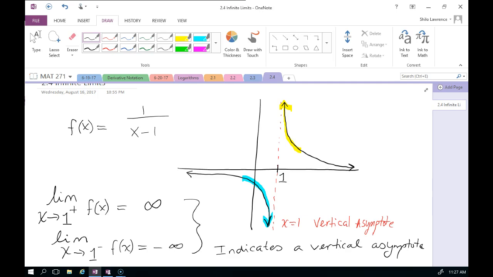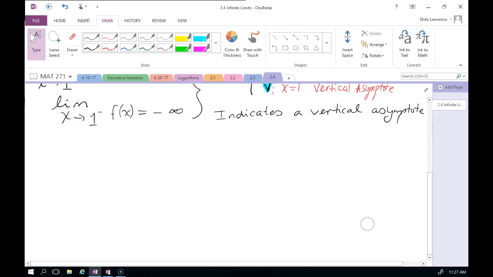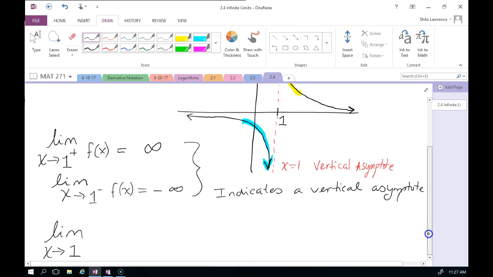Now, because these one-sided limits are pointing in opposite directions, if we were to just ask the limit as x approaches 1 and not specifically say left or right, if we follow the rules from before, because these two answers are different, one of them says positive infinity, one of them says negative infinity, those are two different answers, we would say that this does not exist.